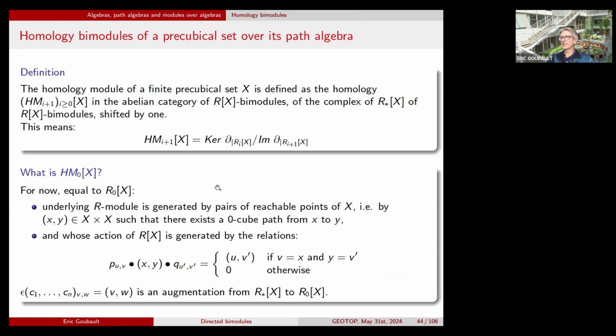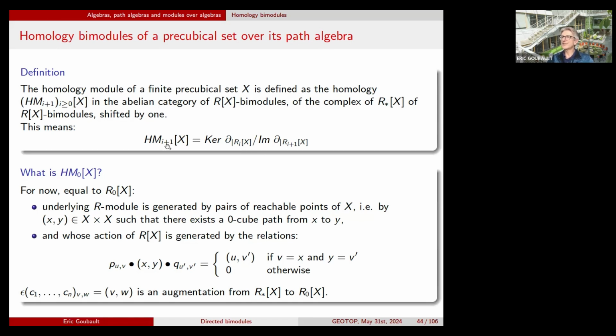So now we define, as I told you, this. I call HM of X the homology module of a given precubical set X, instead of H of X. This is going to be the kernel of delta over the image of delta on the respective chain dimensional stuff, right?